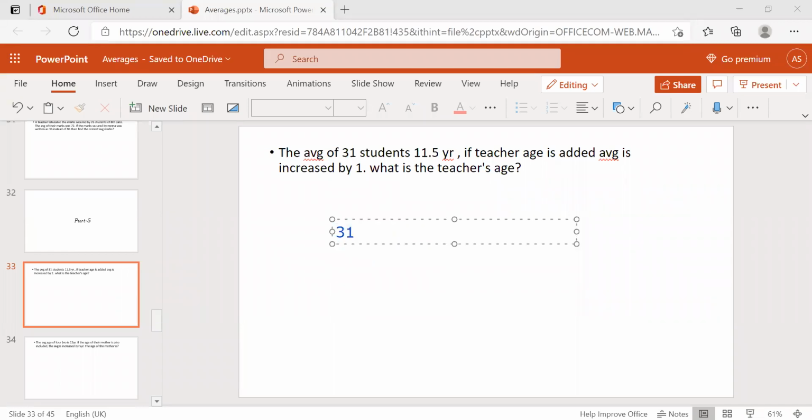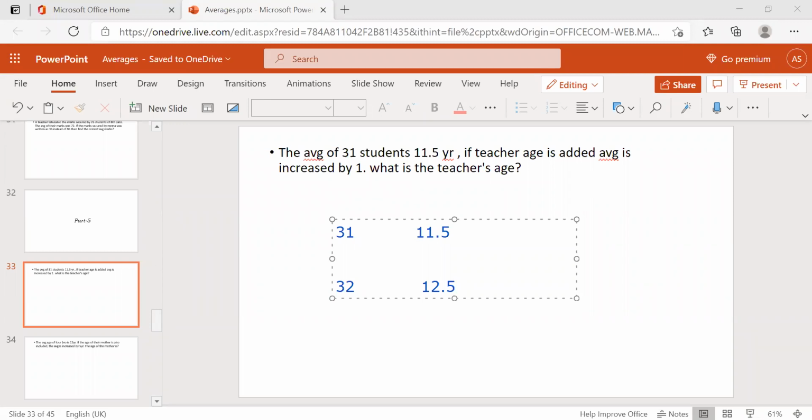First, 31 students, what is the average? 11.5, right? And after the teacher is added, it becomes 32 students, and the average is increased by 1. That is, 11.5 previously, now it is 12.5, increased by 1.